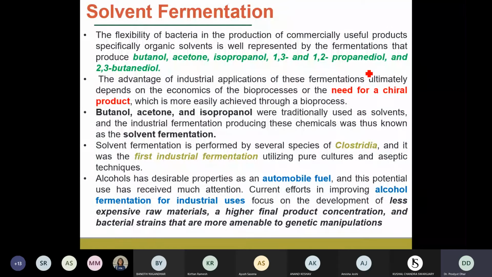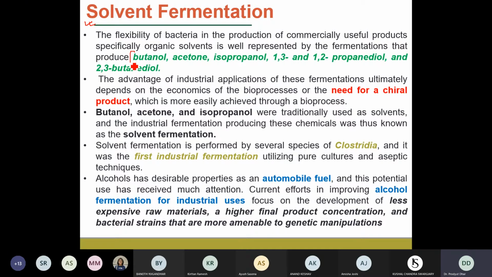Let us start with the overall view of what solvent fermentation is. If you see any type of ethanol production or alcohol production as such, this type of fermentation is actually called solvent fermentation, because these are traditionally solvents that are used in very large volumes in industries.